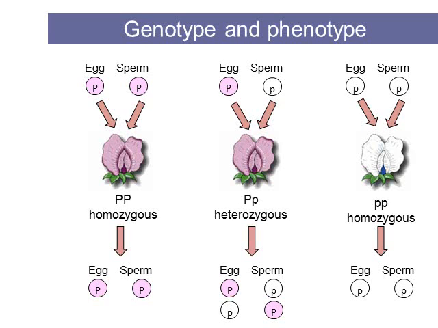Okay, so now it can put out either a purple egg gene or a white egg gene, and a purple sperm gene or a white sperm gene. If both the egg and the sperm have a white gene in them, then it will come out as little p, homozygous recessive.